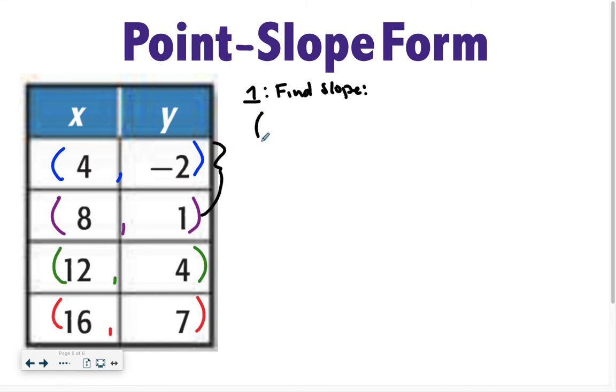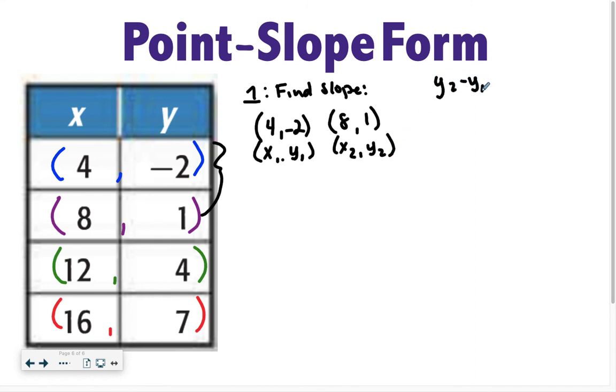So I'm going to say 4 comma negative 2. I'm going to say that's x1, y1. And then 8 comma 1. I'm going to say that's x2, y2. So then remember, finding slope, you do y2 minus y1 over x2 minus x1. So y2 is 1.